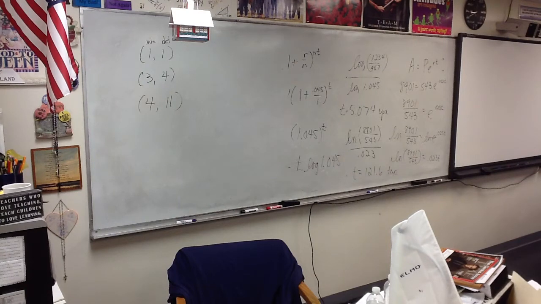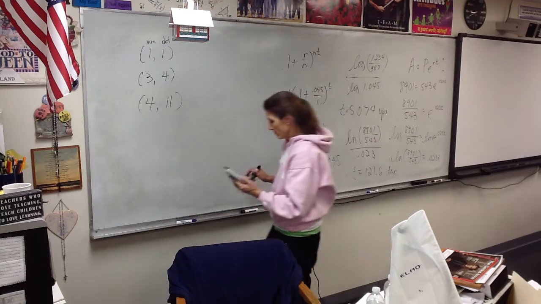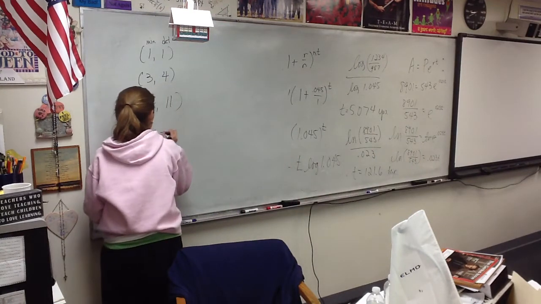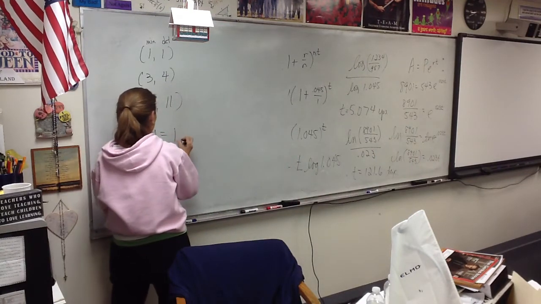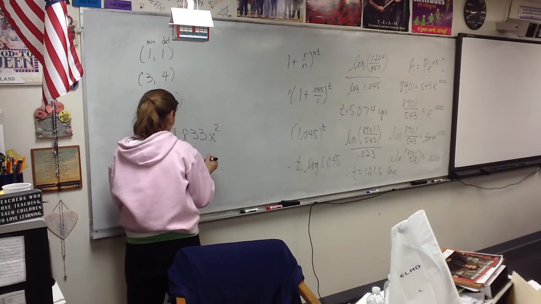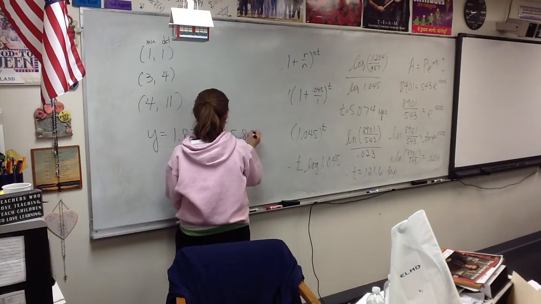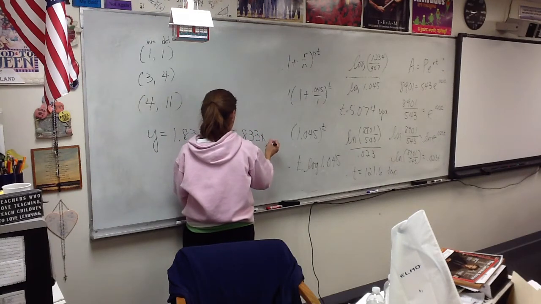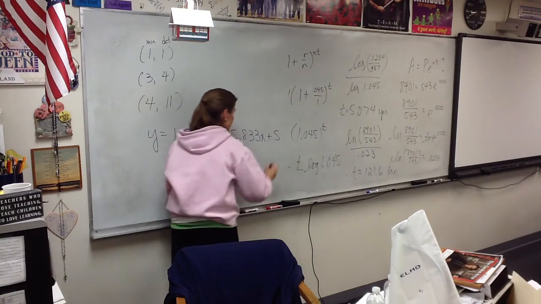And there will be no difference except you will click down to cubic regression. Right arrow over the top. Now, my equation came out to be 1.833 x squared minus 5.833 x plus 5.